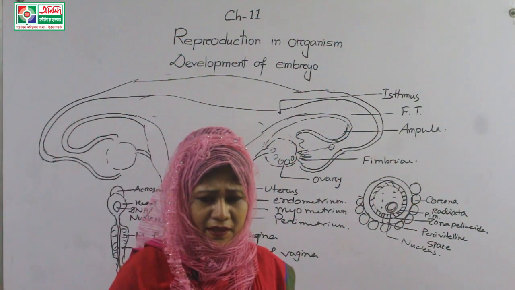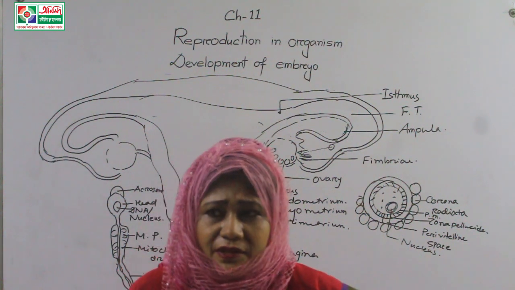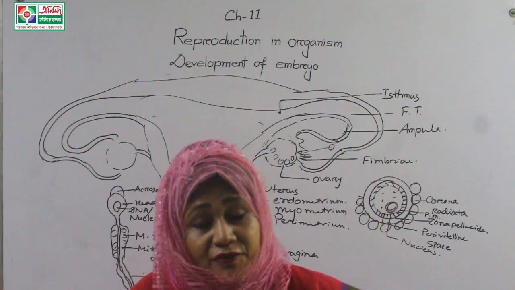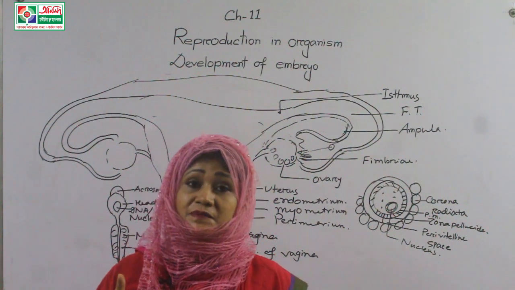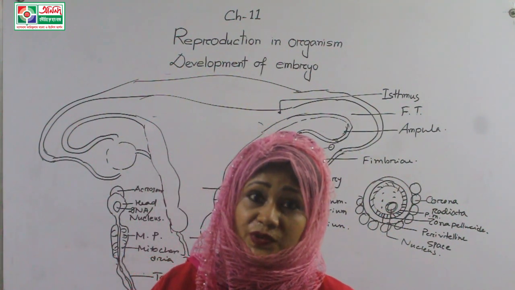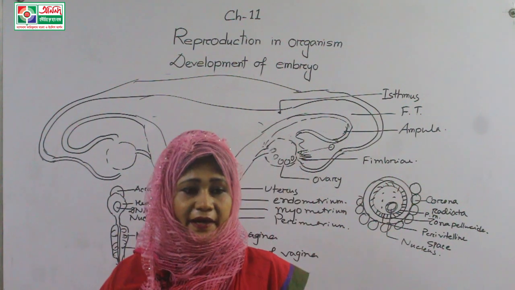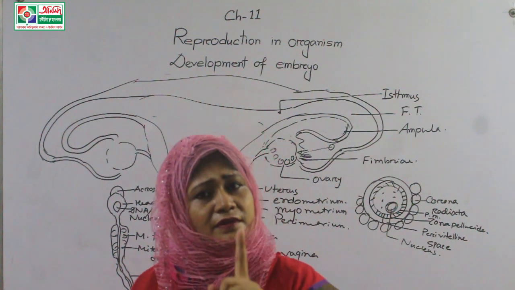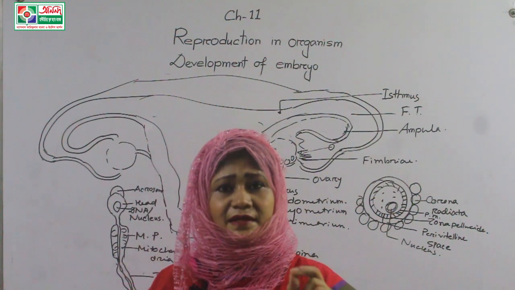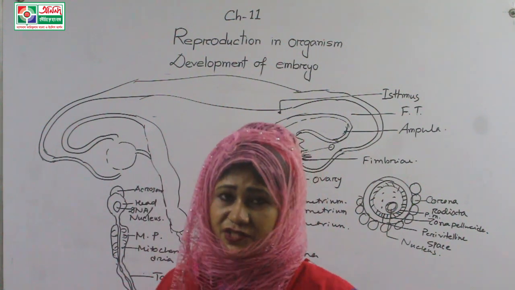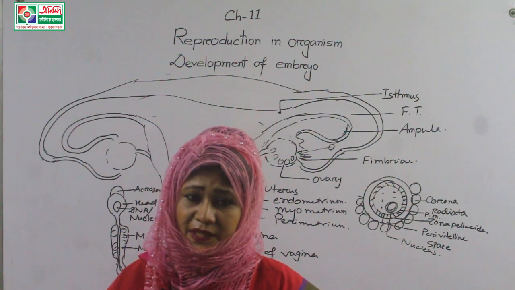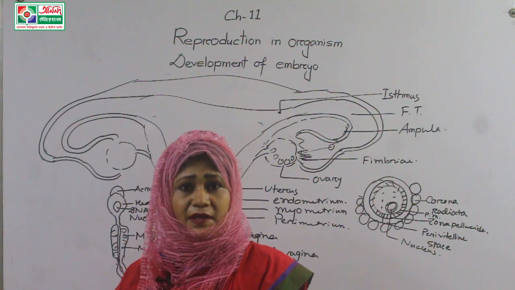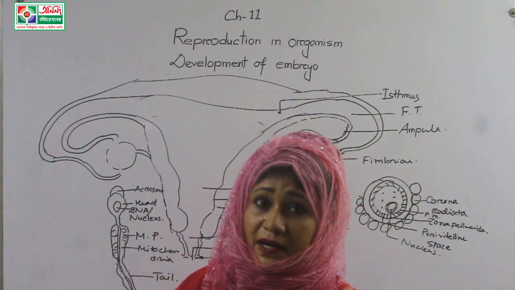Now, in every ejaculation, 200 to 500 million sperms are ejaculated into the vagina, and 3 to 3.5 ml of semen is deposited in the female vagina, right?